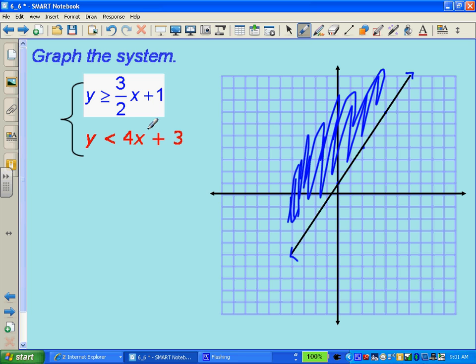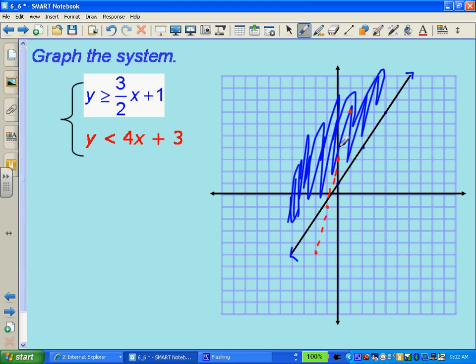Okay, and then for my second line here, I'm going to start at 3 with a slope of 4, so I go up 4 over 1. And draw my line, and this one's got to be a dashed line because it's just less than.